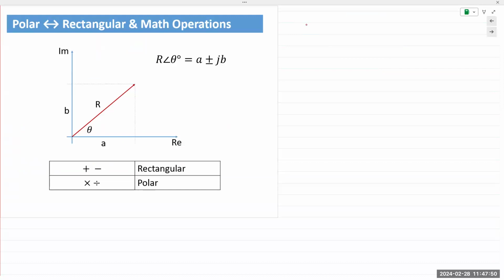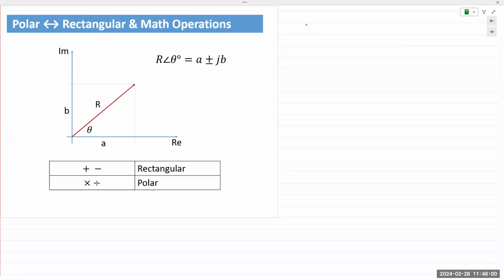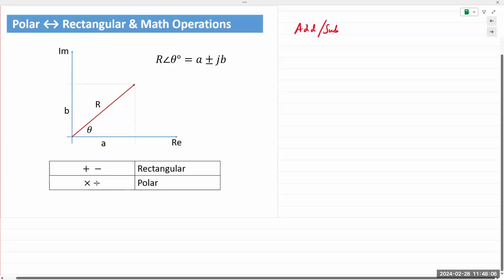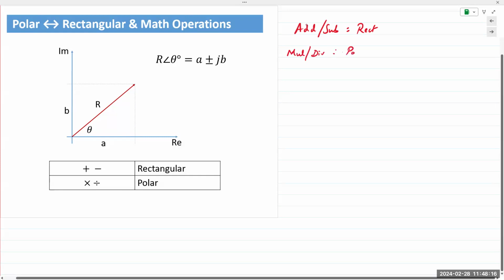If you have two numbers, one of them in polar coordinates and the other one in rectangular coordinates, then it is easier, not impossible, but easier, to perform addition and subtraction if both of them are in rectangular coordinates, and it's easier to perform multiplication and division if you have polar coordinates.